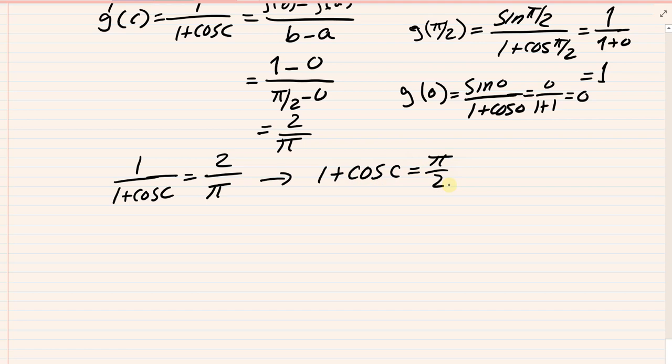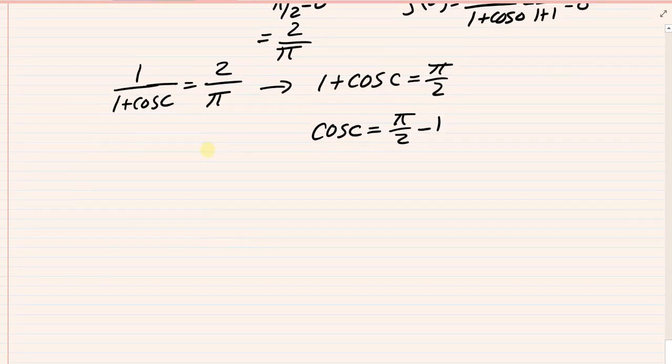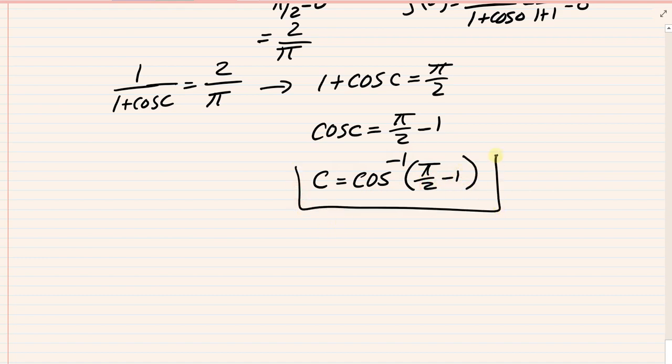Flip both fractions, because we need to isolate c. So cosine of c is pi over 2 minus 1. There you go. Therefore, c is going to be arc cosine, or inverse cosine, of pi over 2 minus 1. Okay, so this will be the exact value.